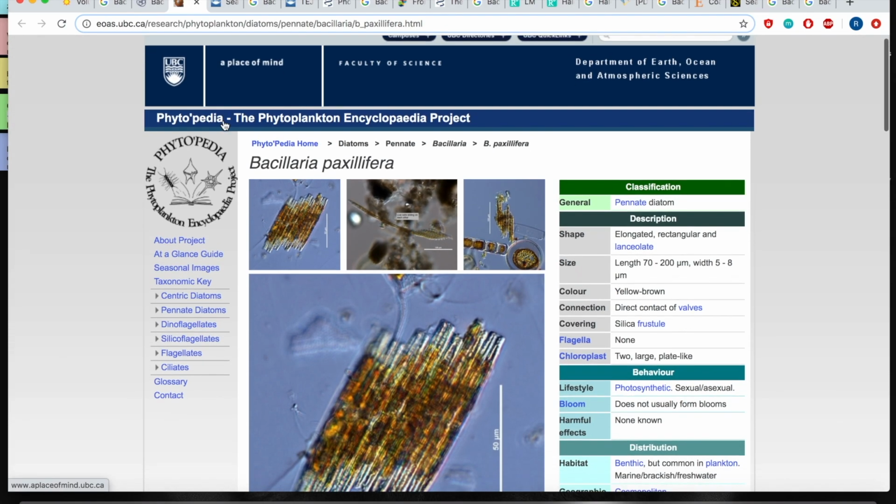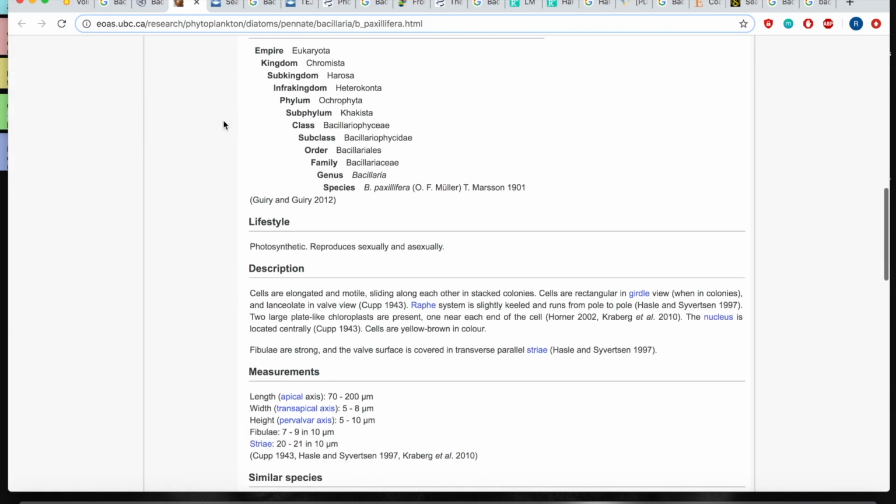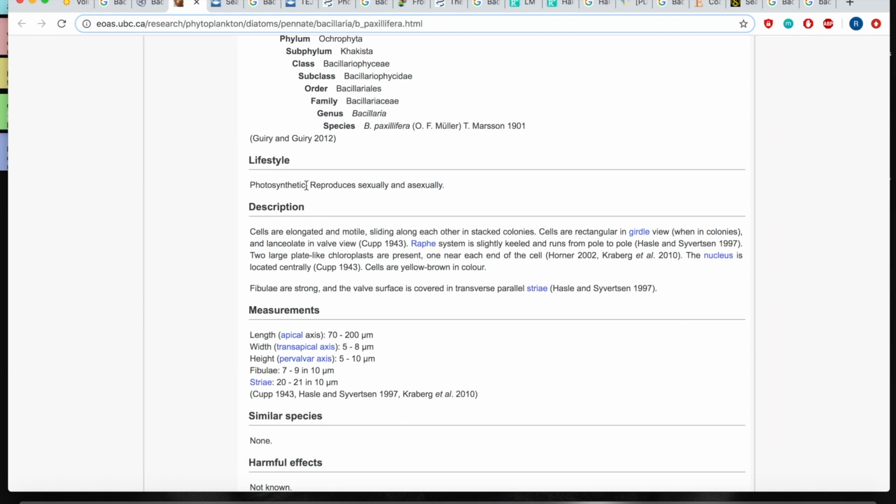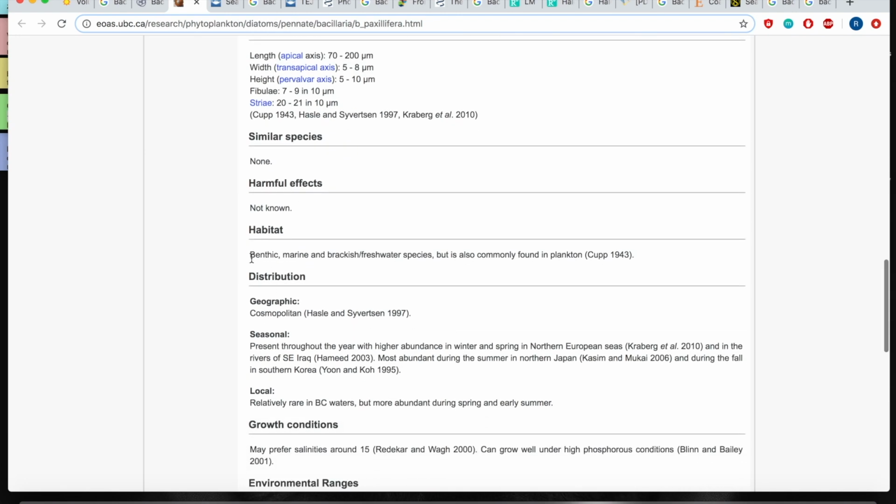So moving on. This source showed me that it reproduces both sexually and asexually. It also verified the colonies as well as habitat and lifestyle. So benthic, but also displays planktonic.